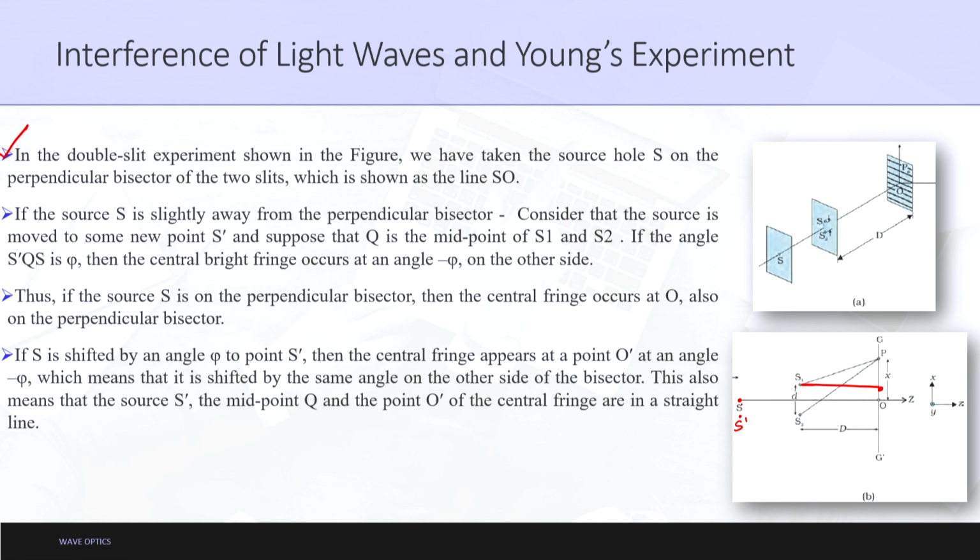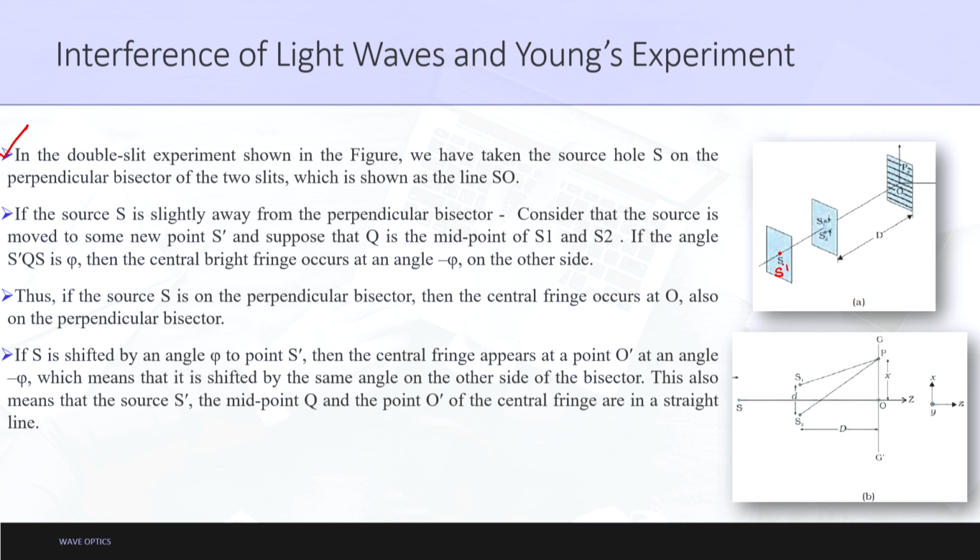S dash Q S. What is the point Q? Q is this point. If this angle is given as phi, then because there was a change in the downward direction for the source, the central fringe shifts by phi in the above direction. This is the explanation being given here, quite evident also. I will try to explain from this diagram also. Let us say this is S, and this is S dash.